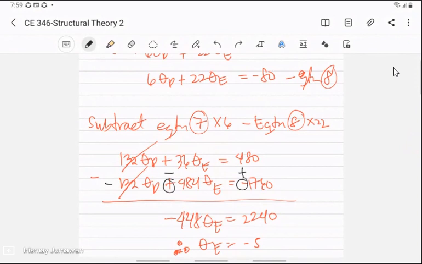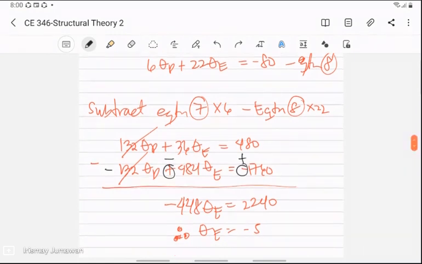So 132 theta D minus 132 theta D is equal to 0. But positive 360 plus negative 484, we have to subtract because they have unlike signs. Then carry the sign of the largest number. The largest number is 484. So 360 minus 484 is negative 124. Okay, so we have 2240, so theta E is equal to negative 5.